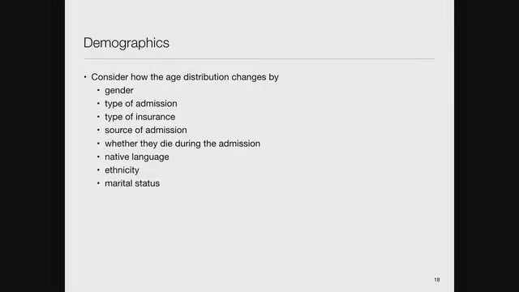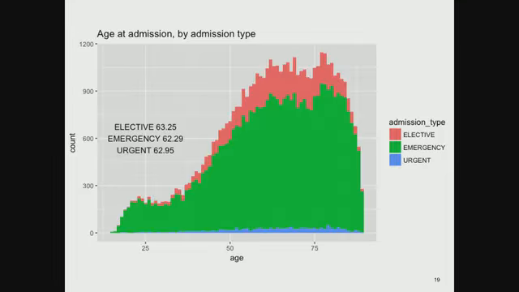So we can look at demographics, and demographics typically includes these kinds of factors, which I mentioned before. And again, if we're interested in the relationship between this and, for example, the age distribution, we see that if you look at the different admission types, so you can be either admitted for an emergency, for some urgent care, or electively.